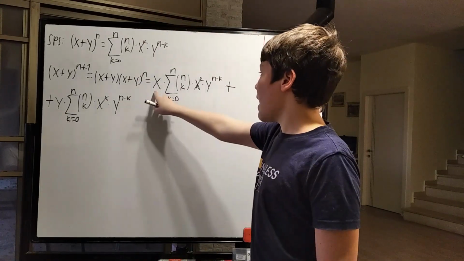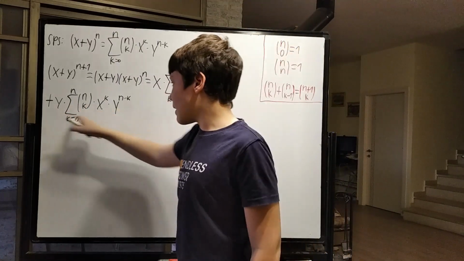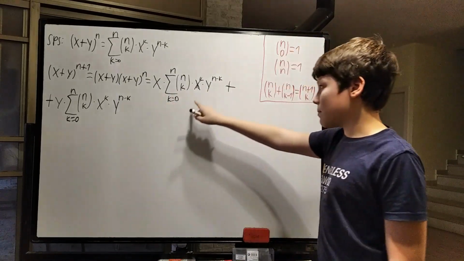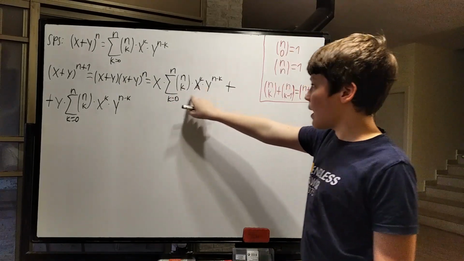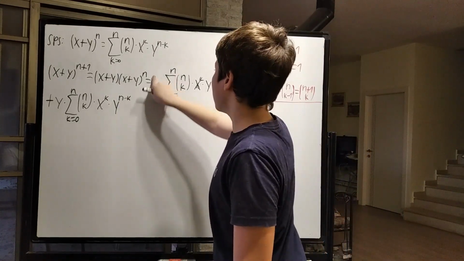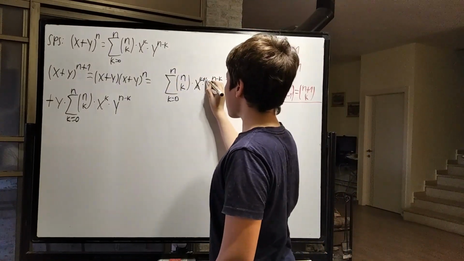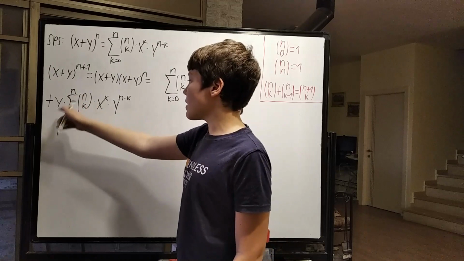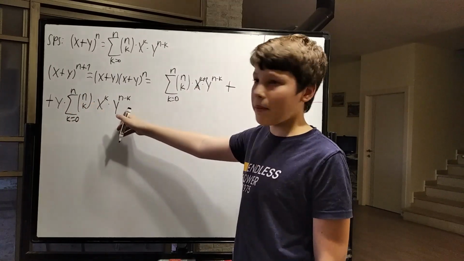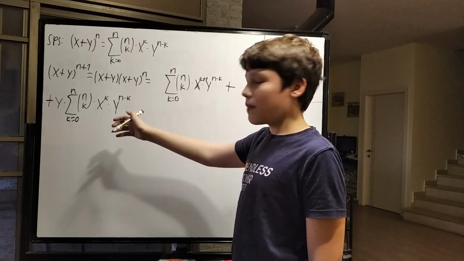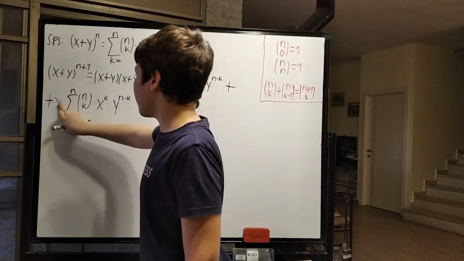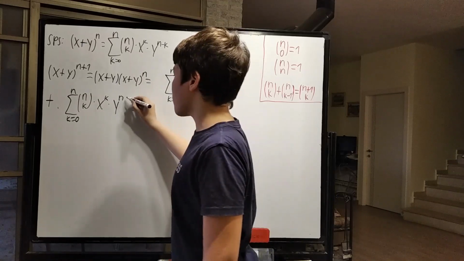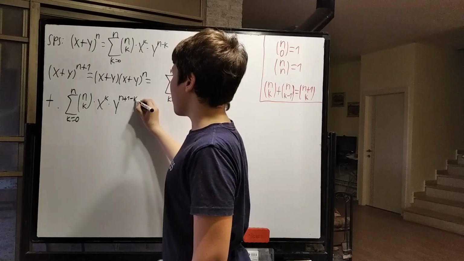And now we'll put the x into the sum, y into the sum. And so x times x to the k, you can get rid of this x, and this will turn to x to the k plus 1. And then we have plus y times y to the n minus k. This means that we can get rid of this y and change this into plus 1, so n plus 1 minus k.